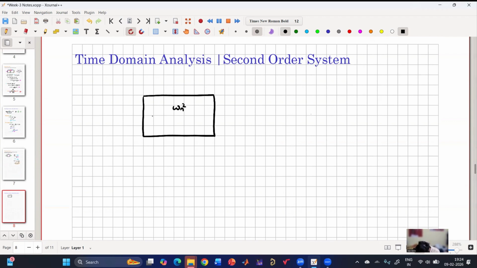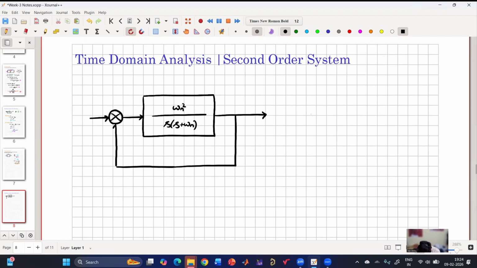Omega n square by s into s plus omega n. This is a generic second order system that we are considering here. Can anyone tell me what will be the transfer function y of s by r of s?